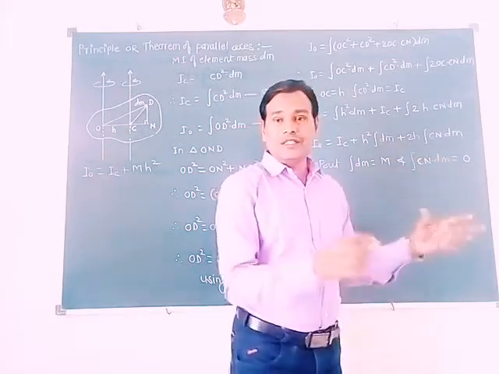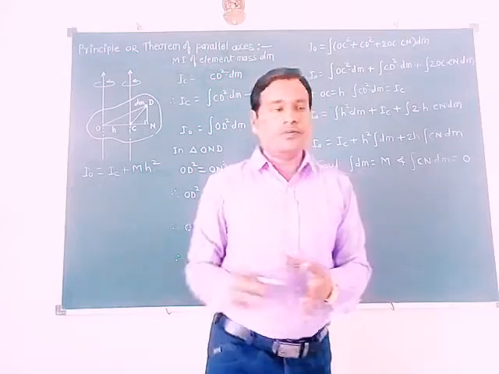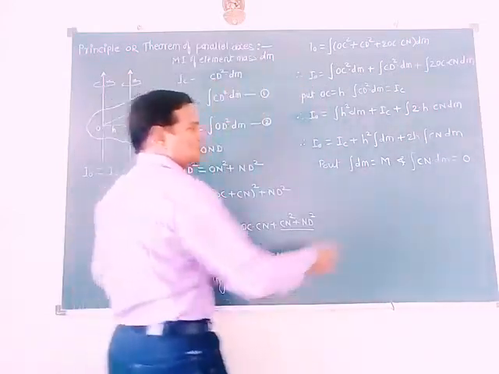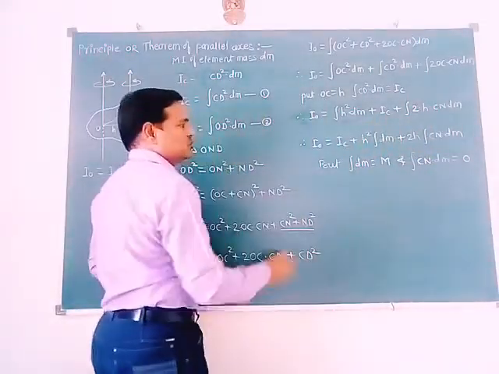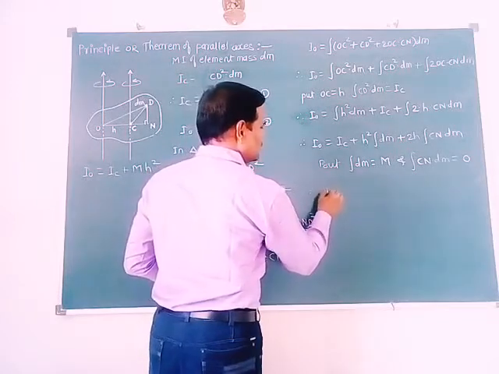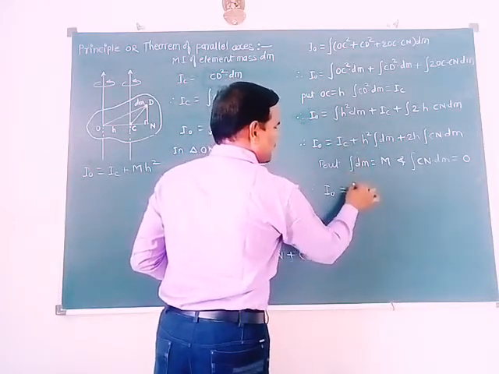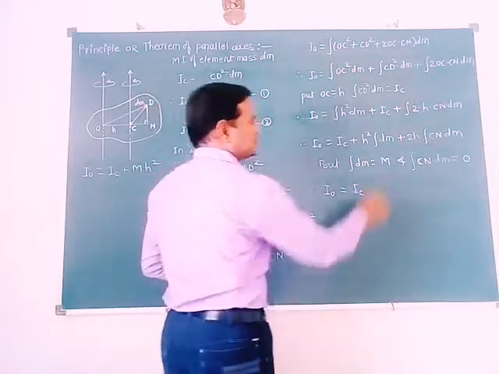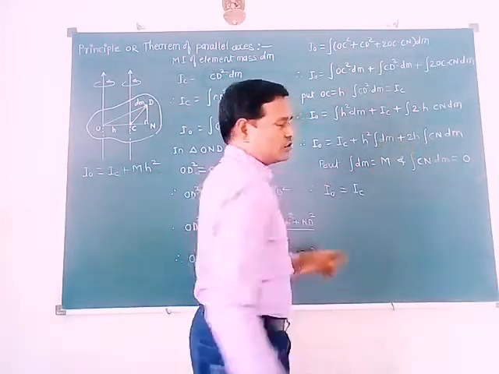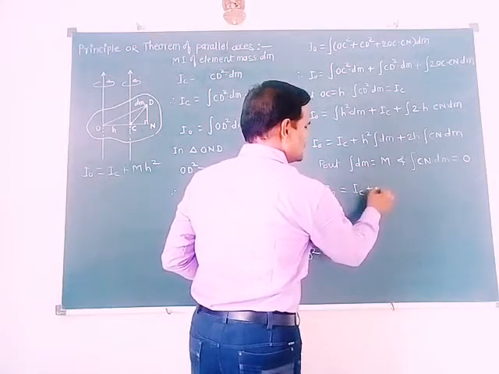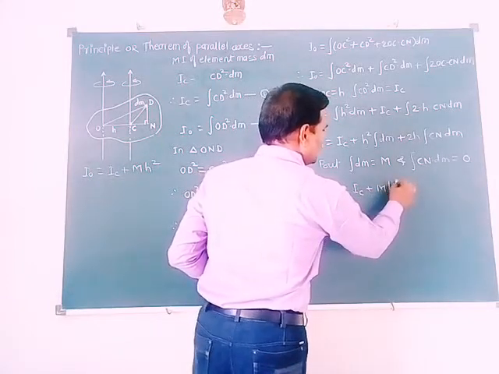This dm is a part of center of mass, therefore moment of mass about center of mass equal to 0. So writing these two, the final expression is IO is equal to IC plus, instead of dm, integration of dm is m, so it is capital M into H square.